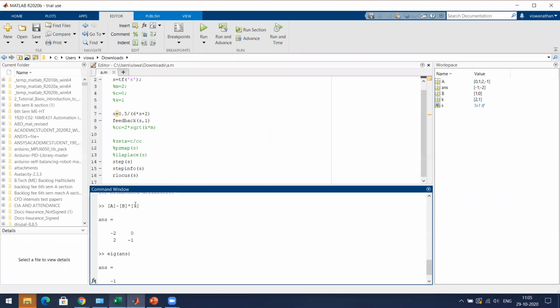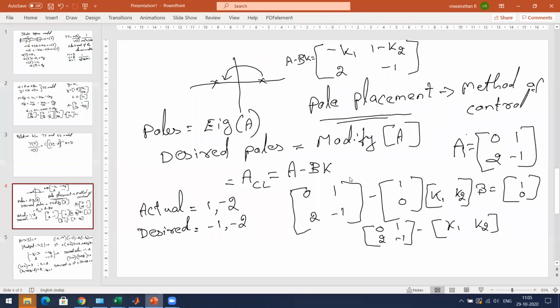Now this is the modified, or closed loop, A matrix. When you take the eigenvalues of this matrix, you must get the desired poles. The eigenvalues of that matrix must be the desired poles. So this is how you control a system by using the concept of pole placement.